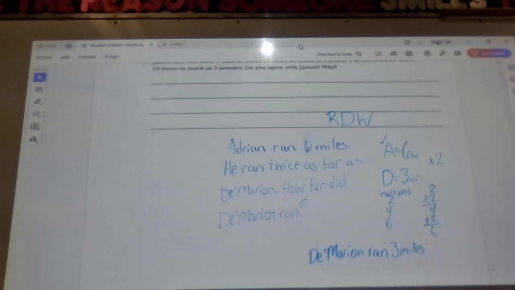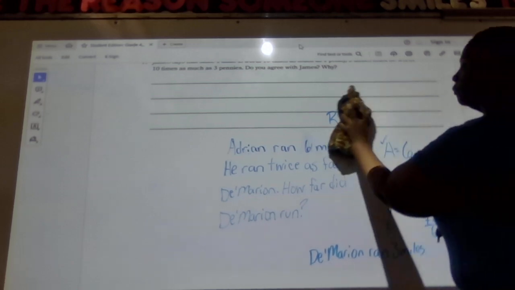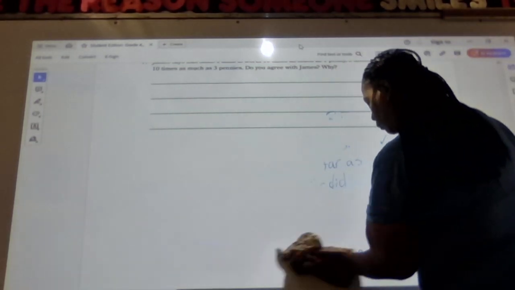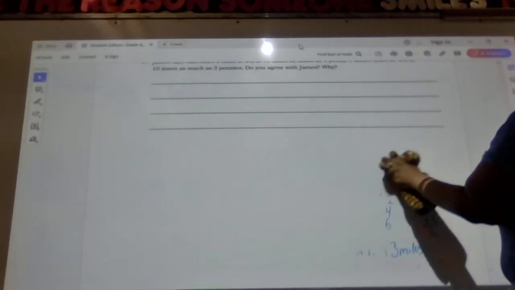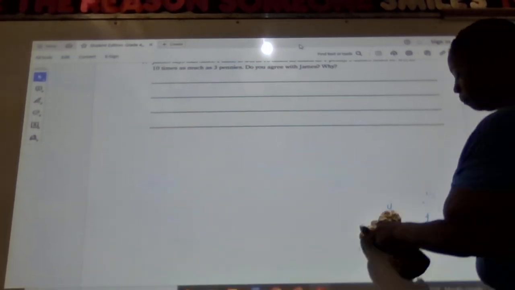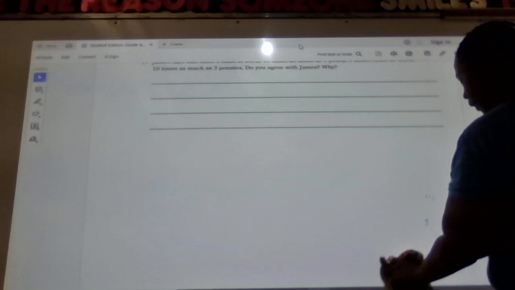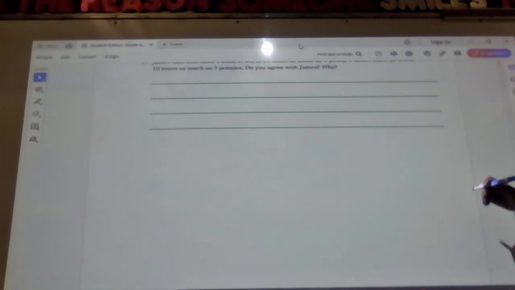And that, again, introduces the read, draw, write strategy that we have been working on thus far. So I'm going to do one more. Parents and students, I encourage you, as I write it, feel free to pause it, solve it, and then play it to see if you got the answer that I have. I'm going to challenge you on this problem to do that.